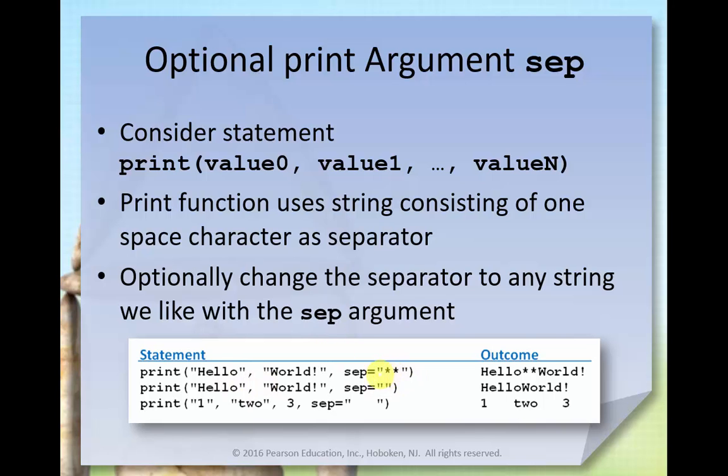So if we just specified the separator to be star star and did a print on hello world, we would get star star occurring between hello and world. If we make it a null value, then it doesn't print anything in between there. Or we could set the separator to be 2 or 3 different spaces to kind of stretch things out a little bit.